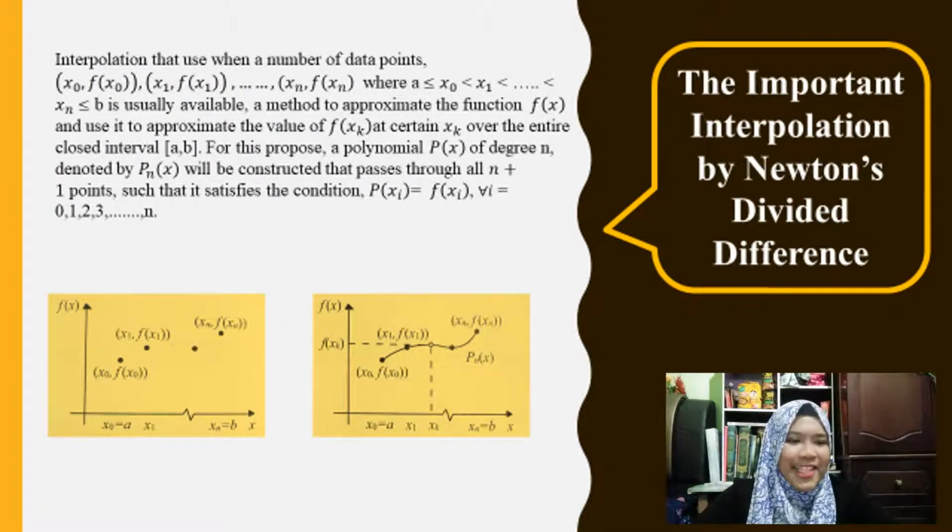The importance of interpolation by Newton's divided difference. As we know, interpolation is used when a number of data points are given: x0, f(x0), x1, f(x1), and so on until xn, f(xn), where a is less than or equal to x0, x0 is less than x1, and so on until xn, and xn is less than b.